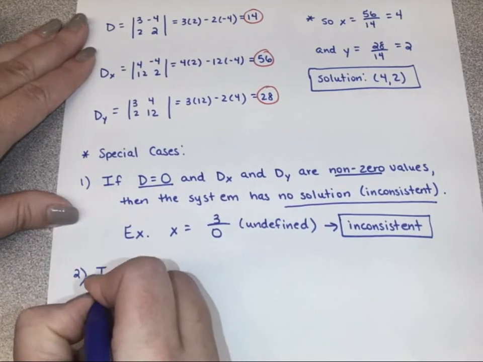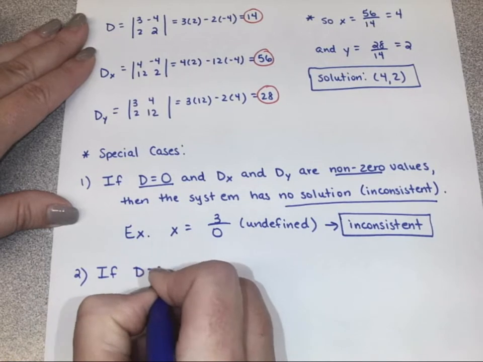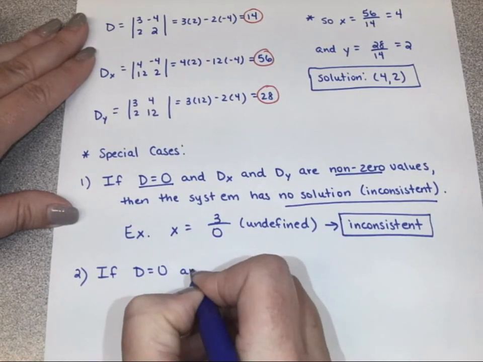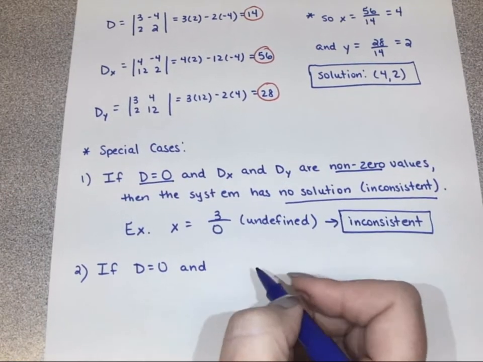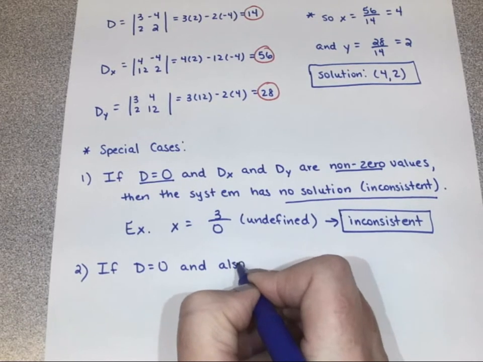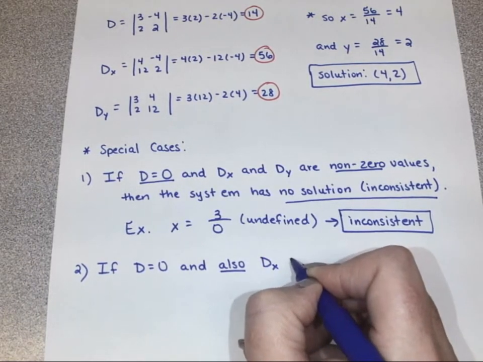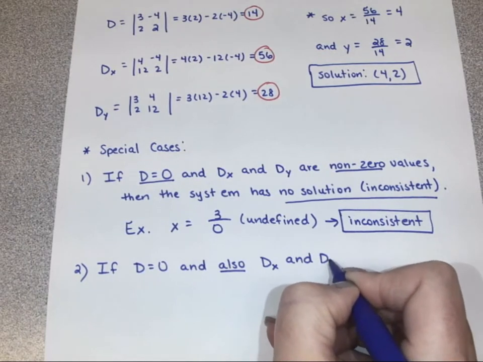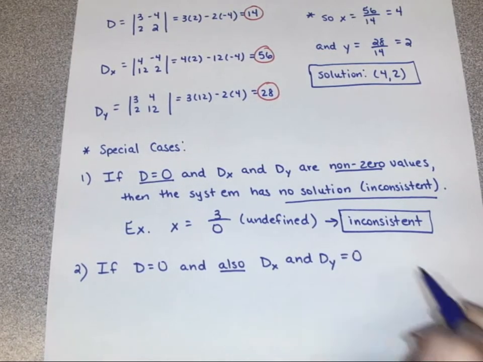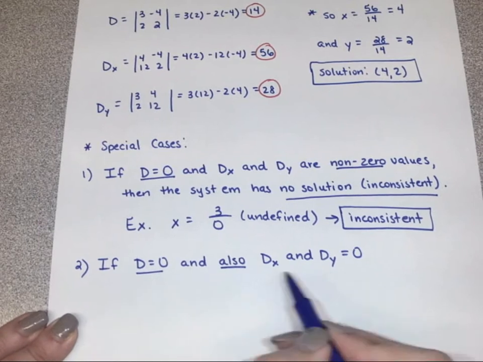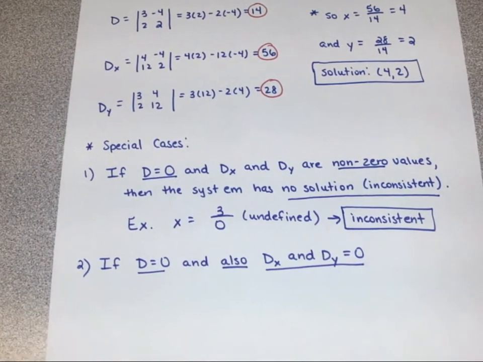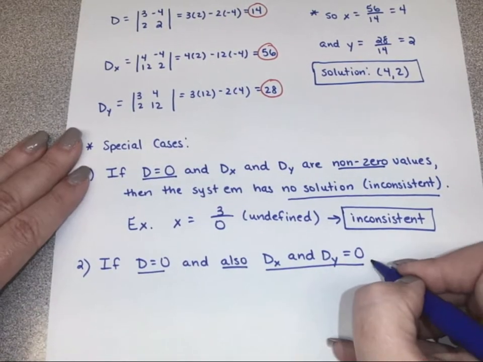So the second special case is, again, if d is 0, but also d sub x and d sub y will be 0. So this time they're not non-zero, they're actually 0 as well.